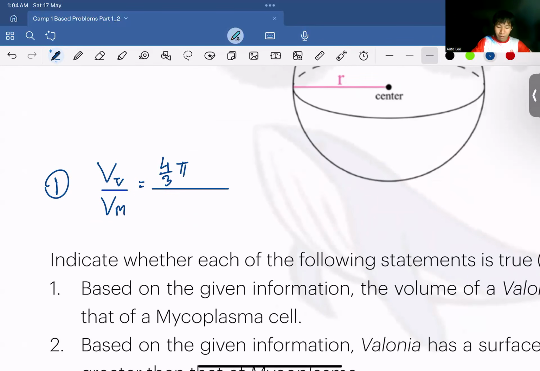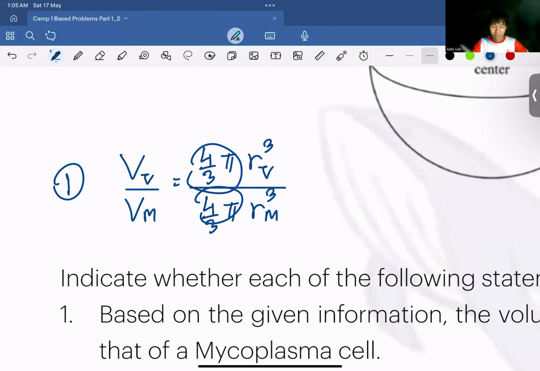That would be 4/3 pi r cubed for Valonia, and in the denominator it would be Mycoplasma's. You can see that these constants cancel out.